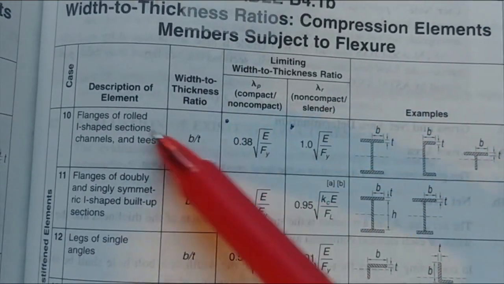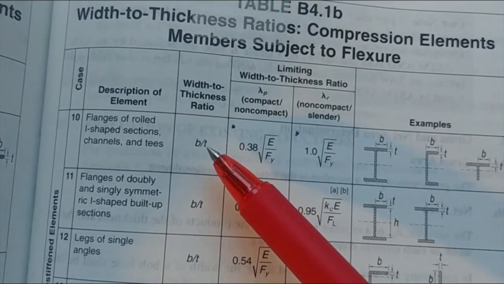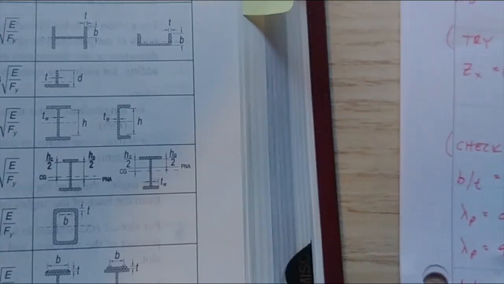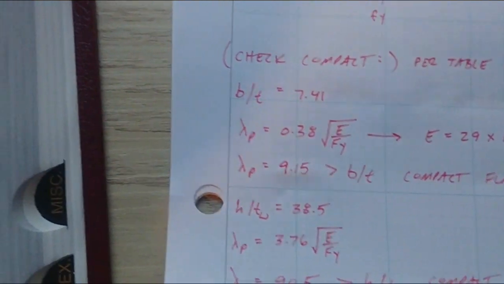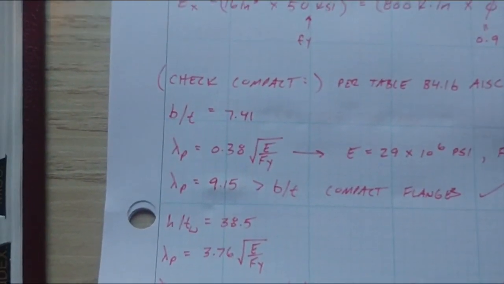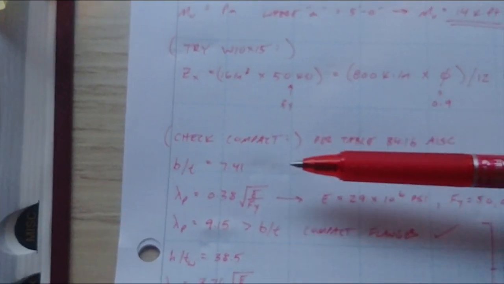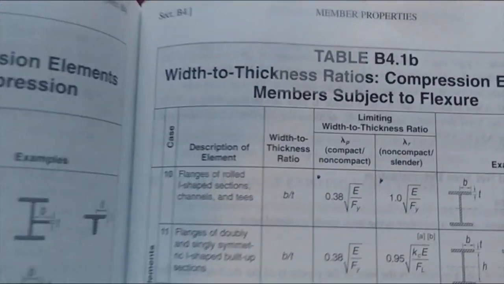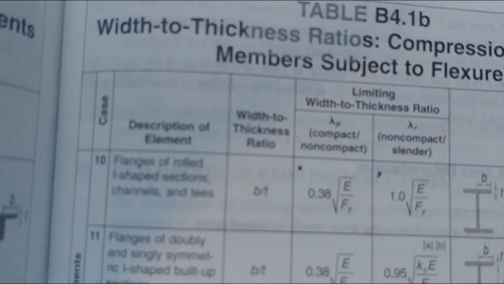So this is for our flanges. We need to check our b over t. Our b over t comes from your properties at the beginning of the book for your W10 by 15, and that's 7.41. Now you need to check your lambda p. I don't know if I said that Greek symbol correctly.